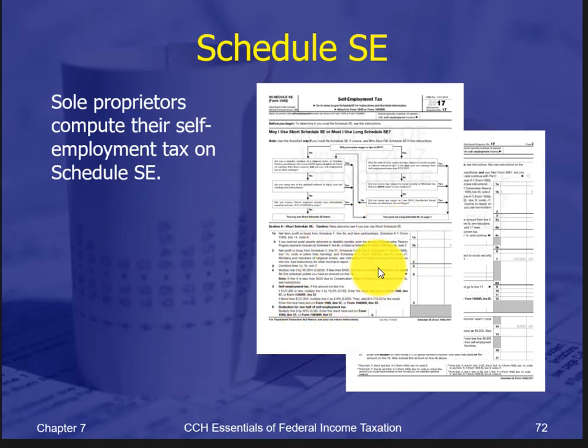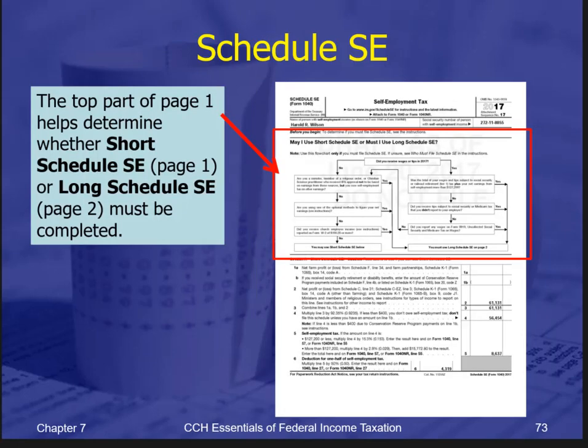The whole thing is calculated on, appropriately, Schedule SE for self-employment. That's how you remember that. Okay, first part of it means that you're going to determine whether you can use the short form or the long form. If you only have a business and you don't have other forms of income that are taxed, then you can use the short form.